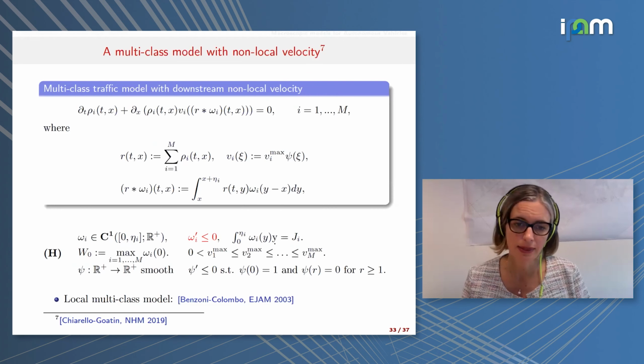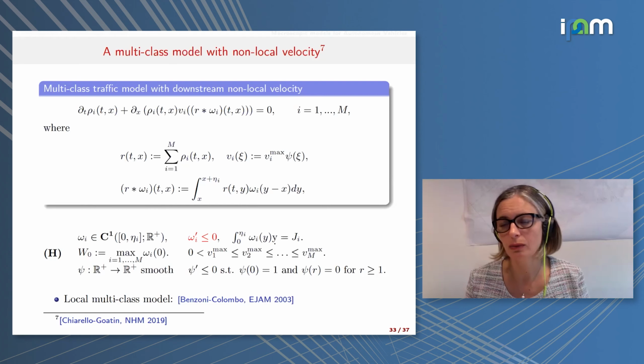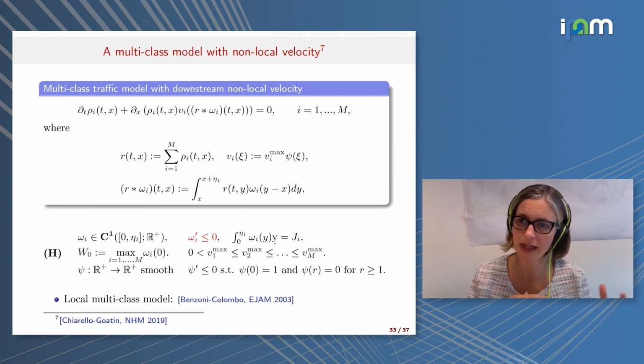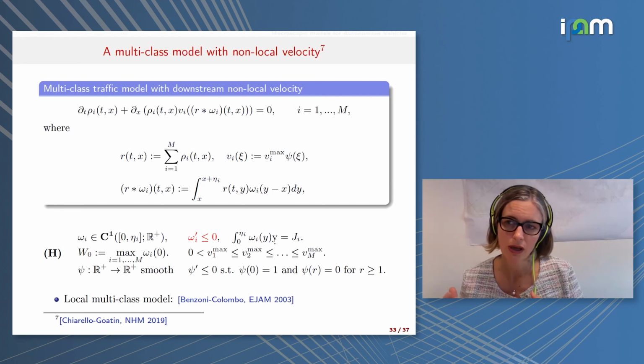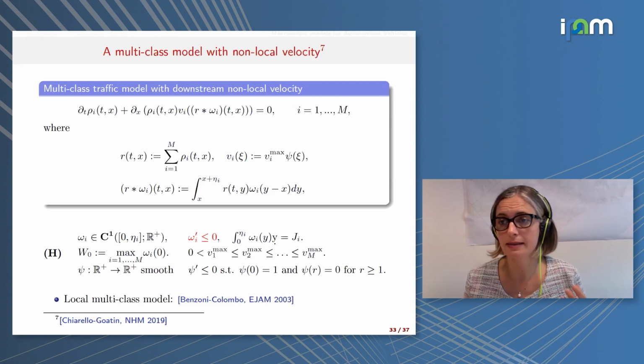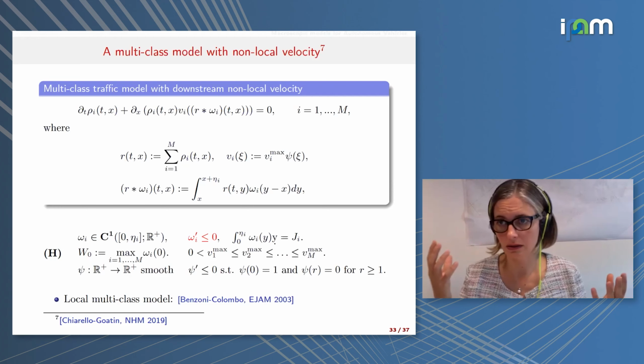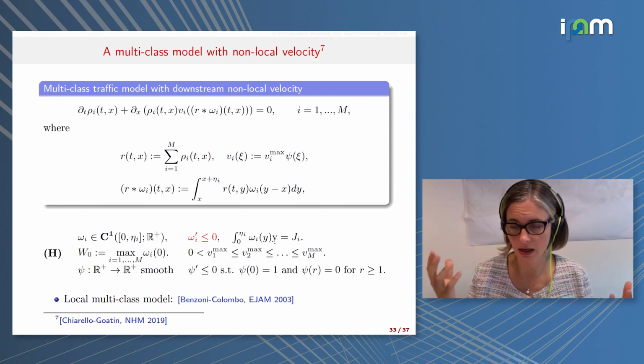And now, to conclude, what I would like to show is maybe a nicer application of this non-local model to a mixed human-driven and autonomous traffic flow. For this, we can assume that we have two populations. One is the human-driven cars, and one is the autonomous vehicle population.